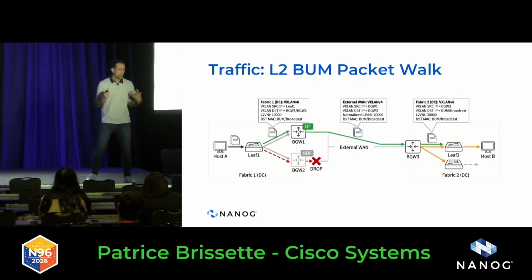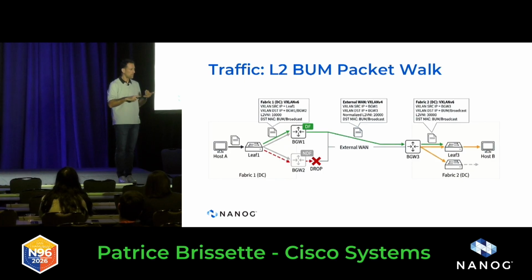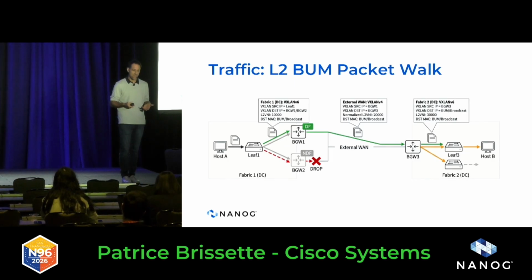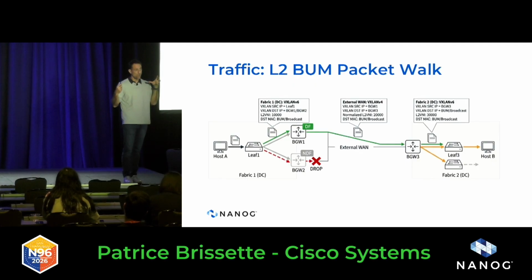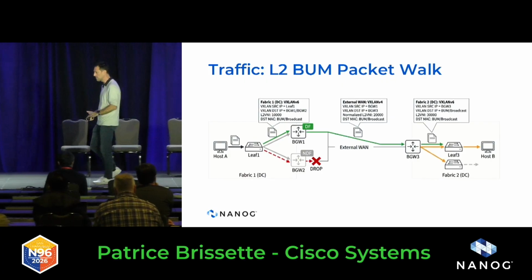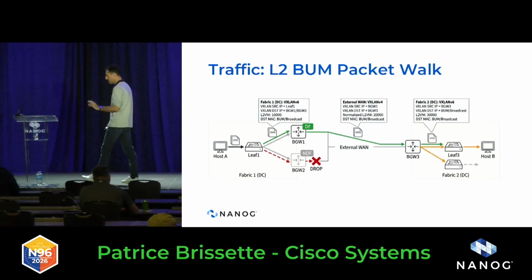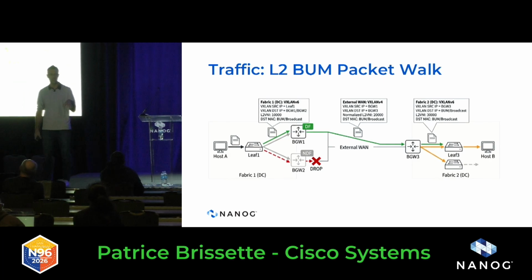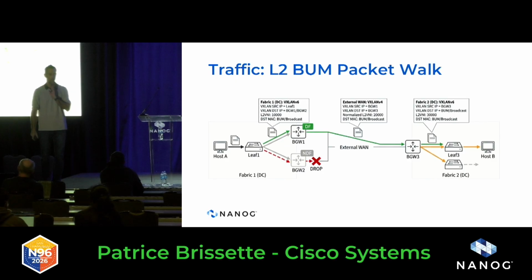So you don't need to deal with flooding and looping and all of that, because by virtue of being an Anycast destination, you cannot get it wrong. That simplifies your design quite a lot. So Anycast VTEP in this type of scenario for L2 is amazingly good. I really like it, and it makes our life very simple. But as soon as you want to support locally connected hosts on your border gateway, it's a completely different story.